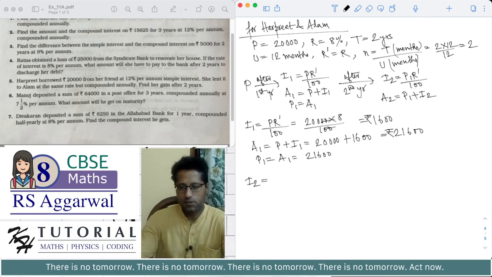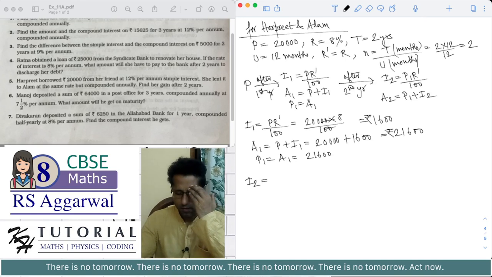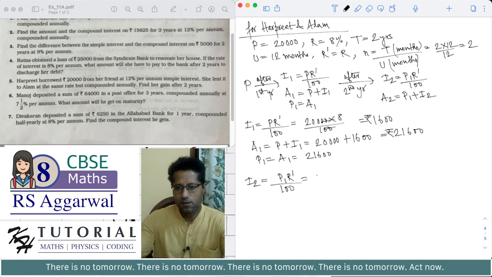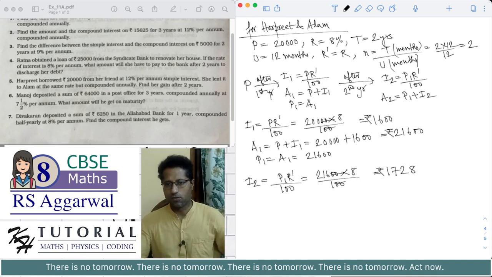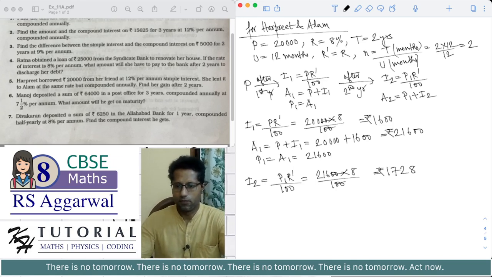Okay. Now, what is I2? That is the interest calculated at the end of the second unit of time, or at the end of the second year. This will be P1 R dash by 100. This is equal to P1 is 21600, R dash is R divided by 100. So this is equal to 1728. The interest at the end of the second unit of time, or the end of the second year, is 1728.